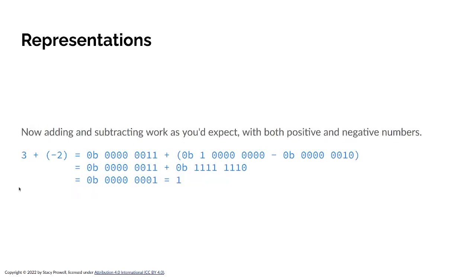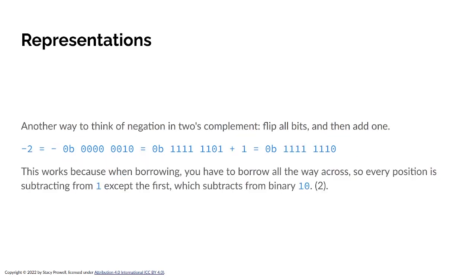Okay, so if I take 3 and I add -2, I represent 3, represent -2 over here by subtracting from all zeros with the 1 there for carry, or for borrow. I get this. When I add those, I get 1, which is the correct answer. It works. It just works the way you want it to work. And so that's why we all use and love 2's complement.